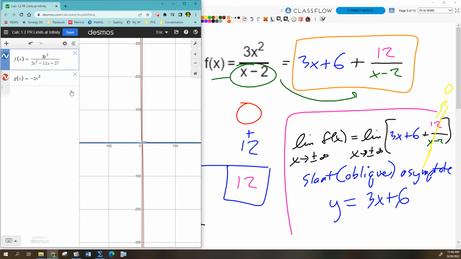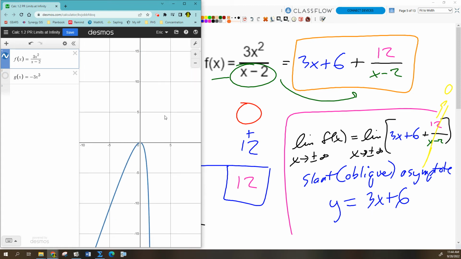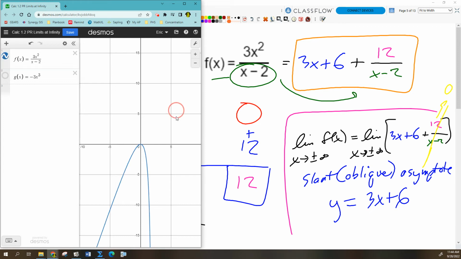So 3x squared over x minus 2. Okay, so there's that function.